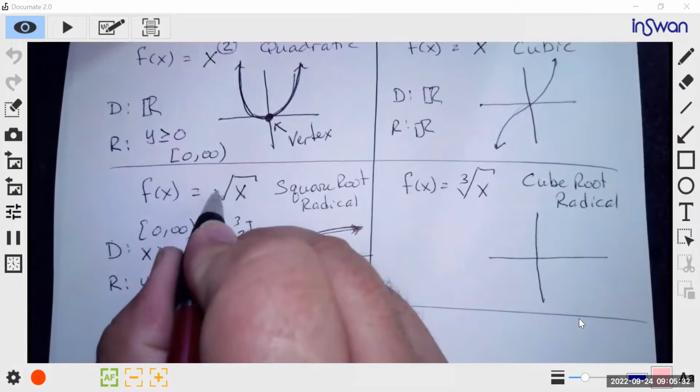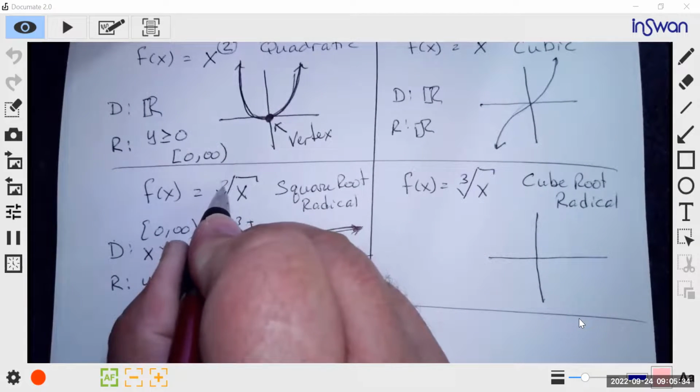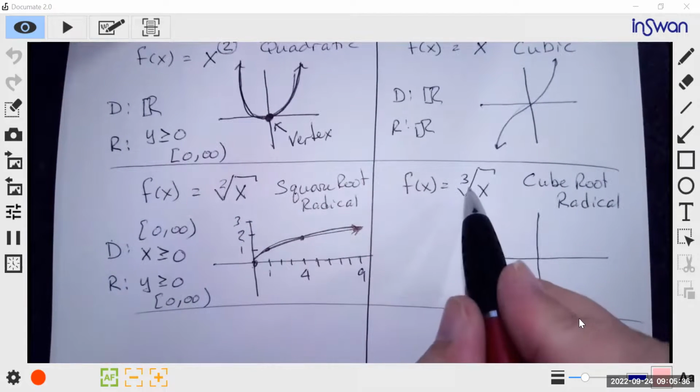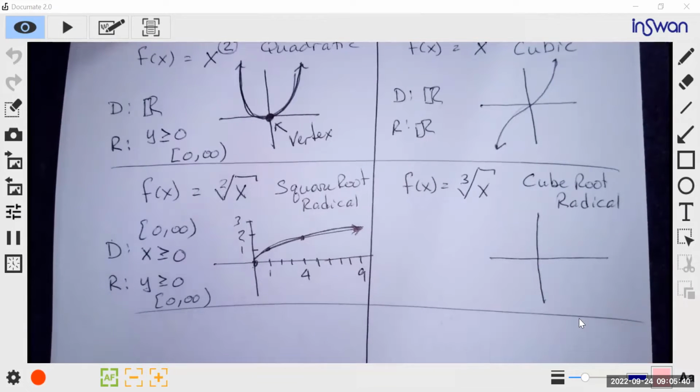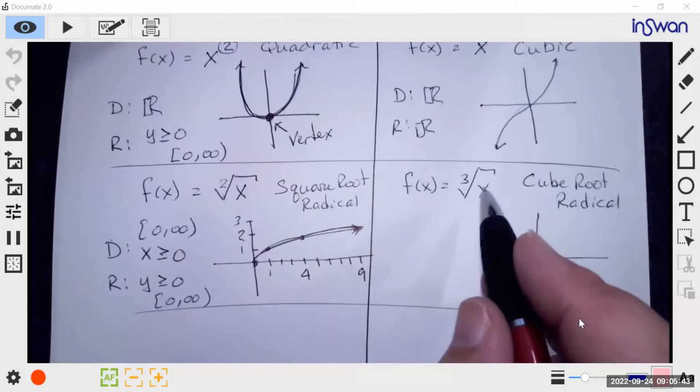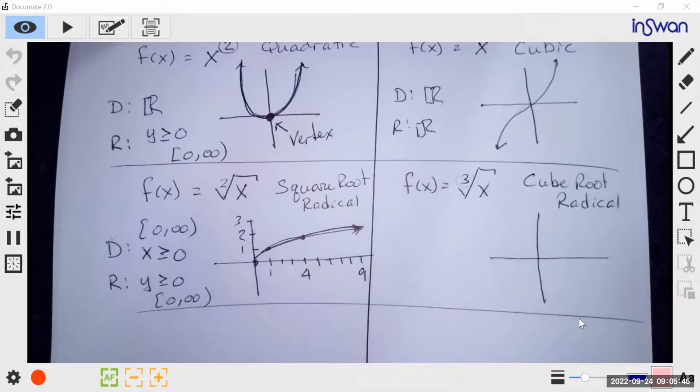Now, in a square root, there's an invisible 2 here. That's why you need 2 of a kind. In this one, you need 3 of a kind to take it out of the radical. So since it's an odd root, our answers can be positive, negatives, and 0.